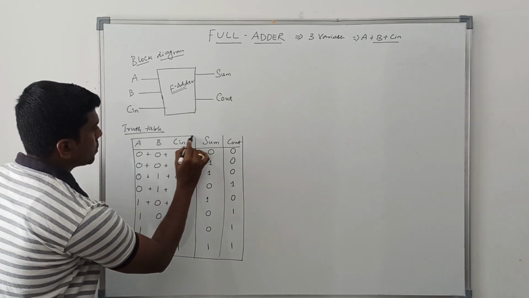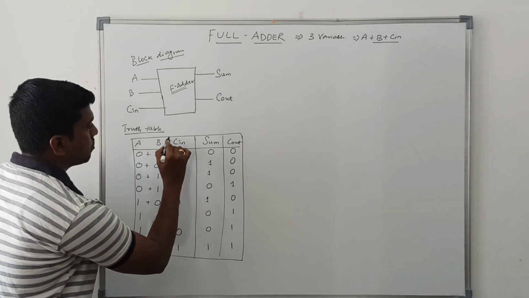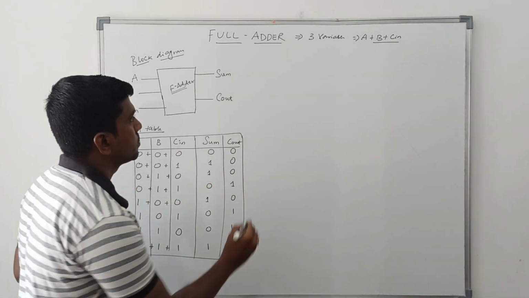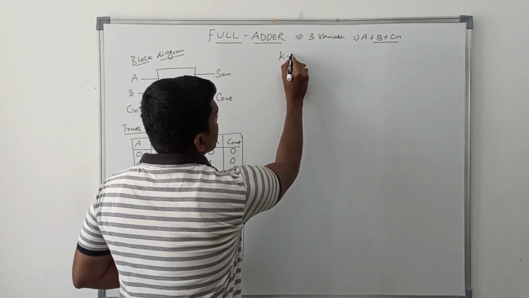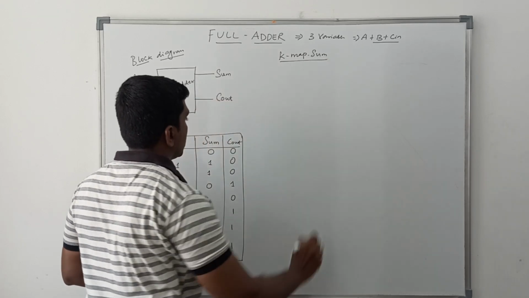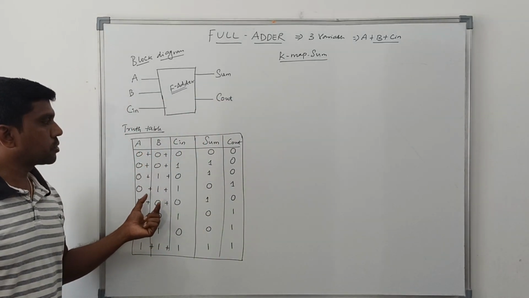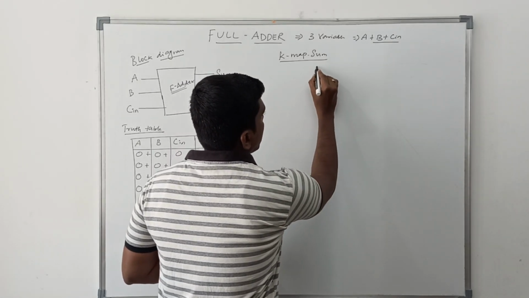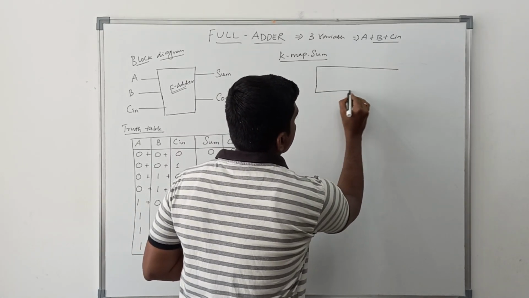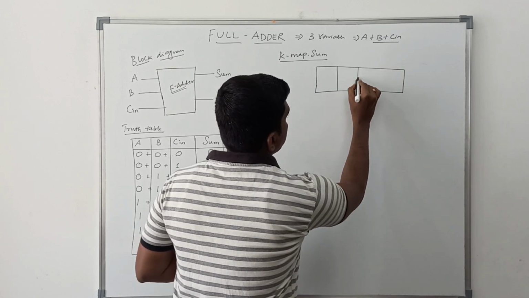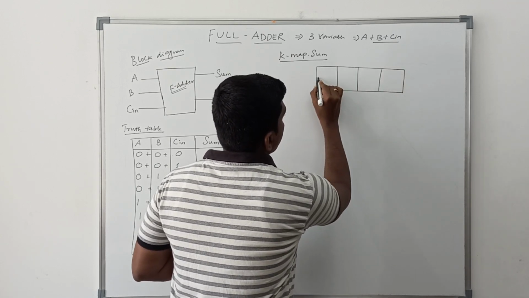Using the truth table, now we find the Boolean expression using a K-map. K-map for sum. Here 8 combinations of input are applied, so I need 8 cells. It's 3 variables, so I need a 3 variable K-map with 8 cells.